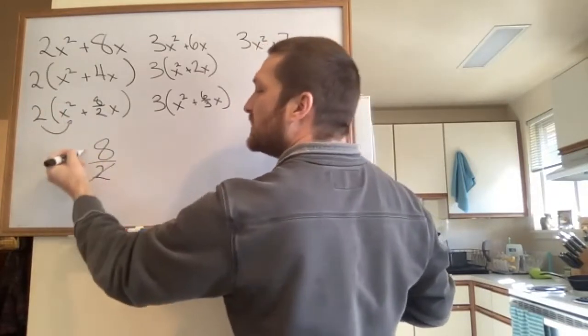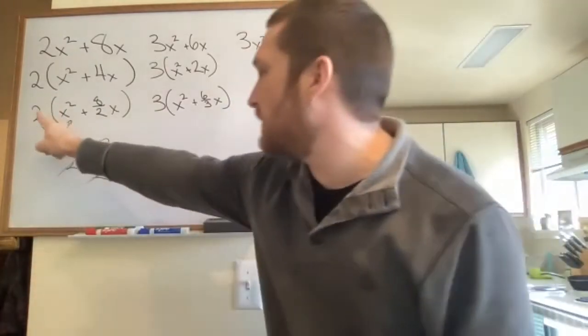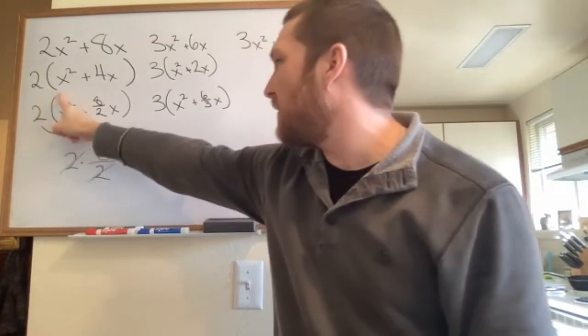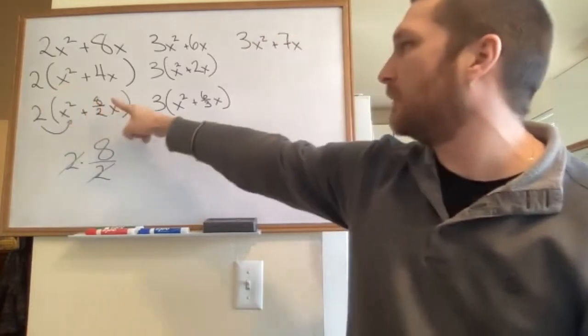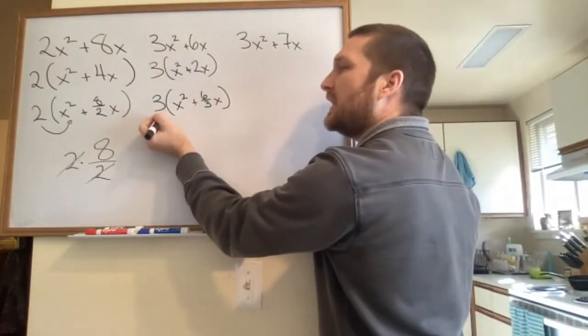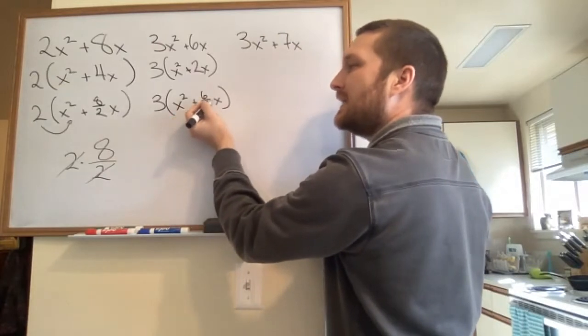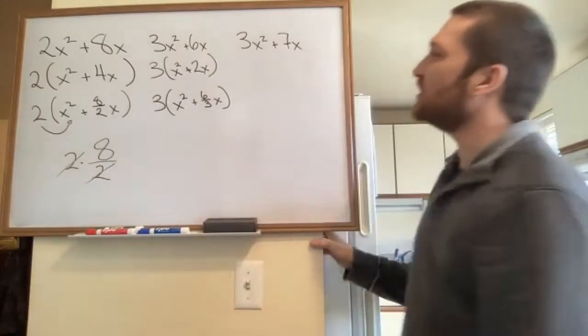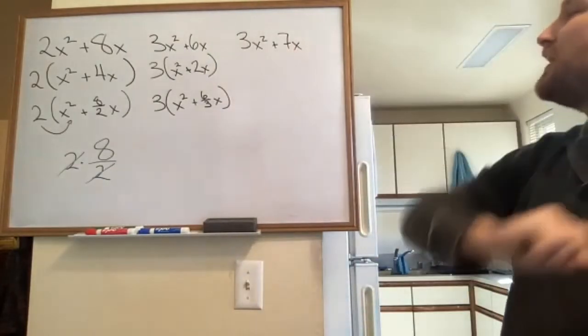The 2's cancel, right? That's kind of what goes through my mind's eye when I see that. I see the 2 jump over, and they're gone, and I'm left with an 8. Ditto right here. 3 comes back in, kills the 3, and I'm left with a 6. I'm good to go.